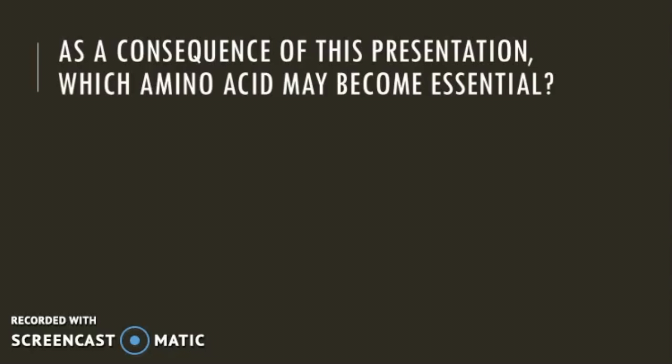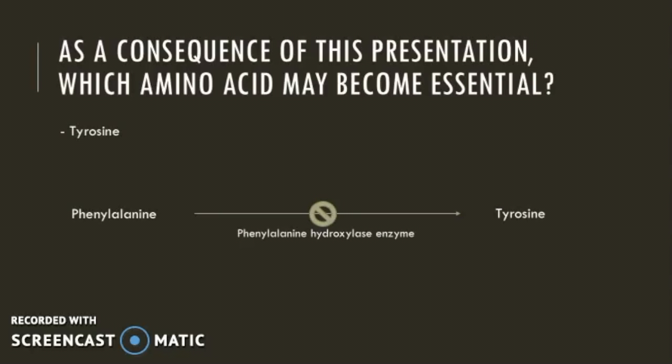As a consequence of PKU, tyrosine would become essential. Phenylalanine combines with tyrosine in order to make products such as melanin, thyroxine, and some neurotransmitters. Tyrosine must become essential because phenylalanine can no longer be used to create tyrosine. This is because the main mutation leading to PKU is with the phenylalanine hydroxylase enzyme.